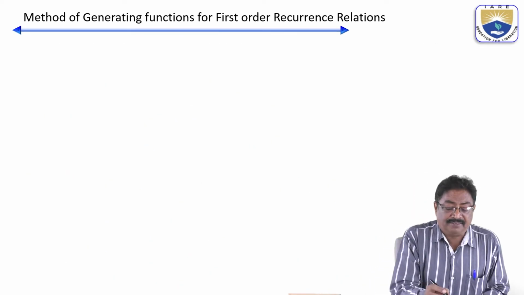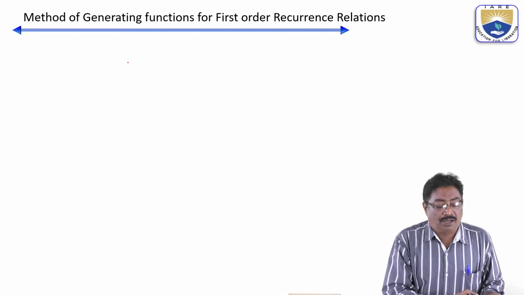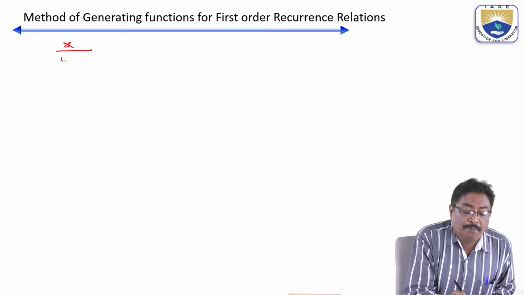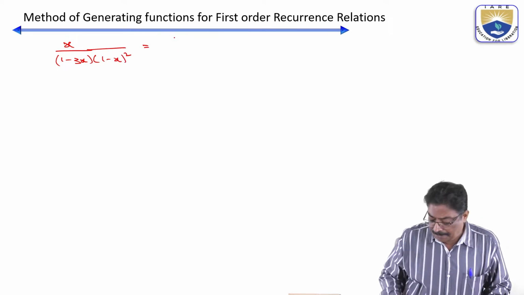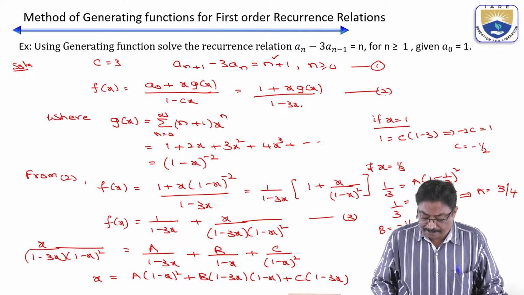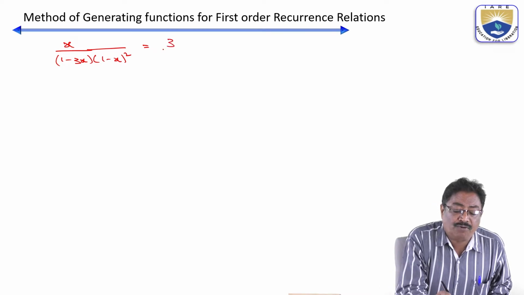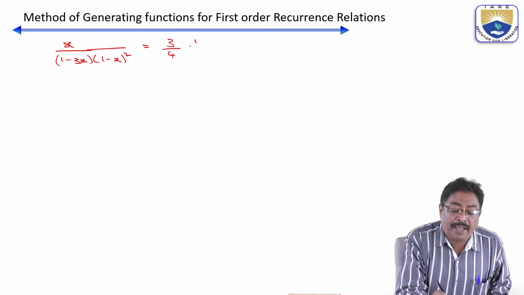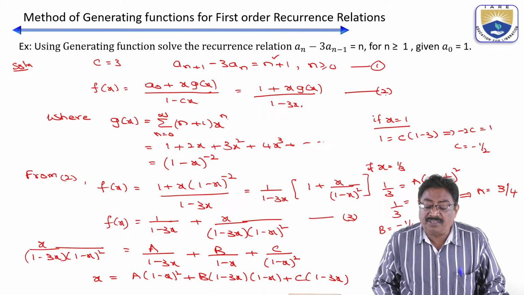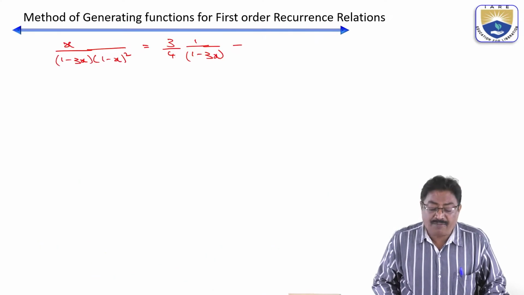Then after finding a, b, c values, I am going to write x by (1 minus 3x)(1 minus x) whole square equals a, where a is 3 by 4, so it is 3 by 4 into 1 by 1 minus 3x. Then b is minus 1 by 4.